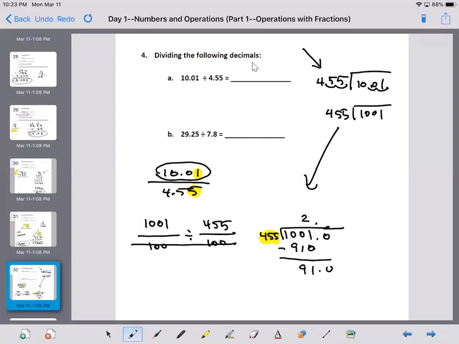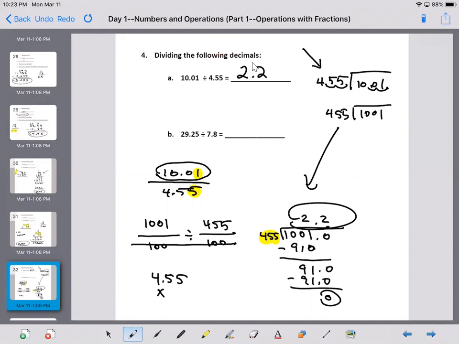And bring down my decimal here. And so multiply this by 2, and I should get 2 tenths times 455 should be 91. I get a remainder of 0. So that just means my quotient was 2 and 2 tenths. So that just means that if you took 4 and 55 hundredths and multiplied it by 2 and 2 tenths, you would get 10 and 1 hundredth.